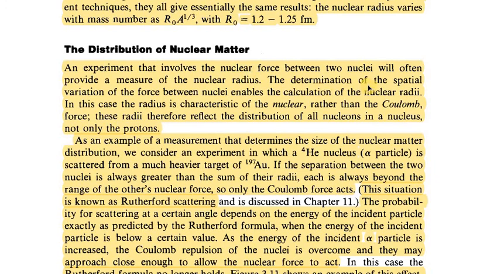The determination of the spatial variation of the force between nuclei enables the calculation of the nuclear radii. In this case, we are finding the difference of nuclear force. Therefore, the radius is a characteristic of the nuclear rather than Coulomb. Previously, we found the energy difference by the Coulomb interaction. Now we are finding the nuclear radius by nuclear interaction.